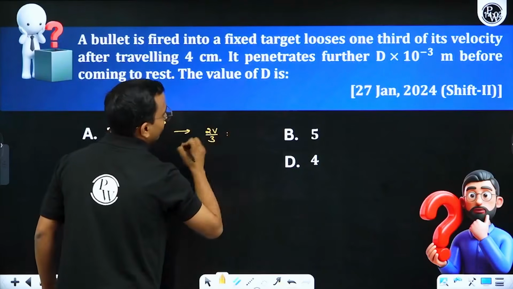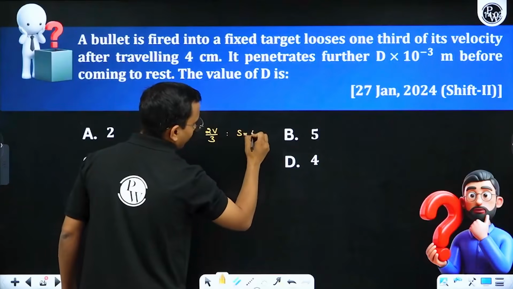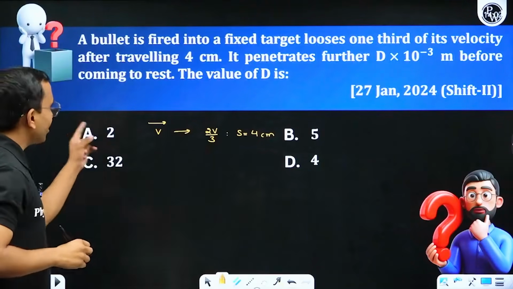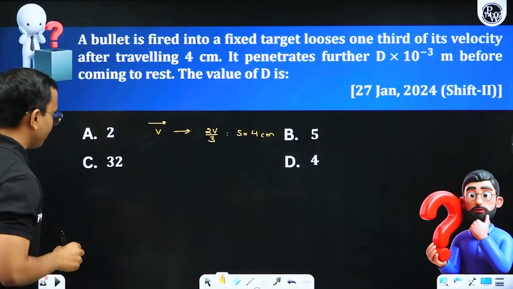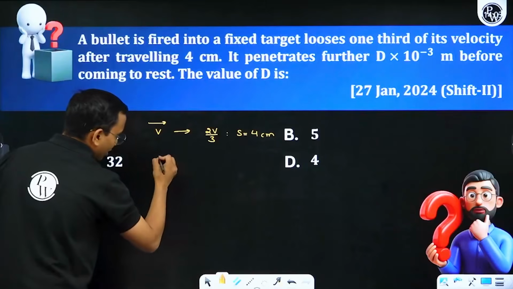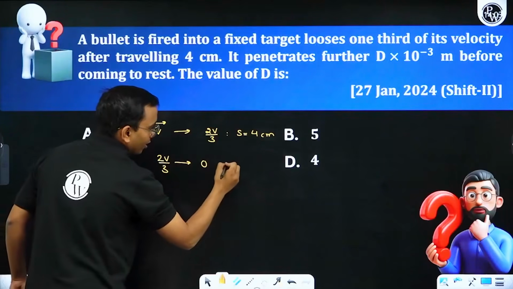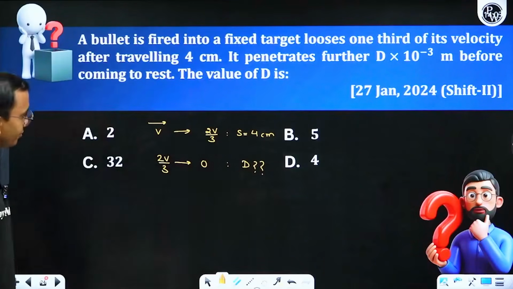And here the displacement given is 4 centimeter. Now, further it penetrates d into 10 to the power minus 3 meter before coming to rest. It means now further, 2v by 3 to 0, and here we need to find how much the distance is.